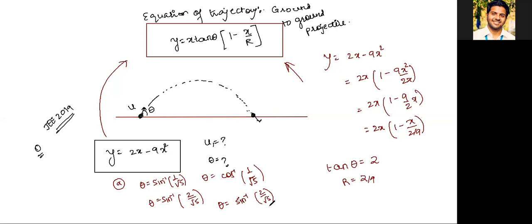How will you find out the value of theta if the value of tan theta is given? How are you going to find out theta in terms of sine inverse or cos inverse when you have actually theta given in terms of tan inverse? Can anyone try telling? Harsh, wanna give a try? Yes, Harsh.